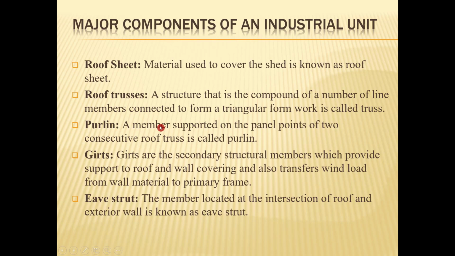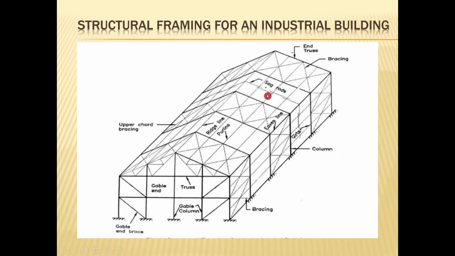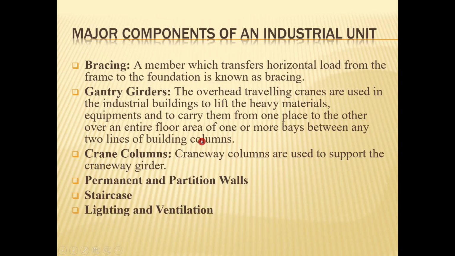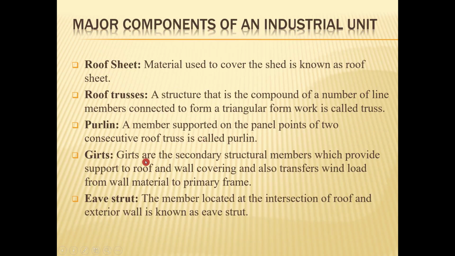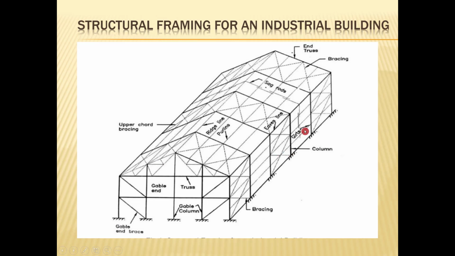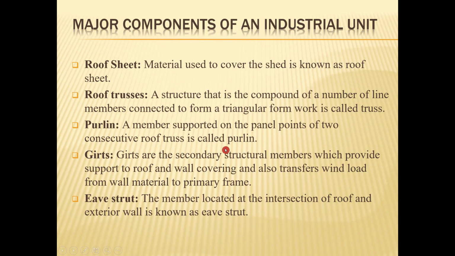After keeping the sag rods and the bracings, sag rods are here and the bracings are here, which serve the purpose. And girt, we have seen that here. So the girts are the secondary structural members which provide support to the roof as well as to the wall covering, and they also transfer the wind load from the wall material to the primary frame.